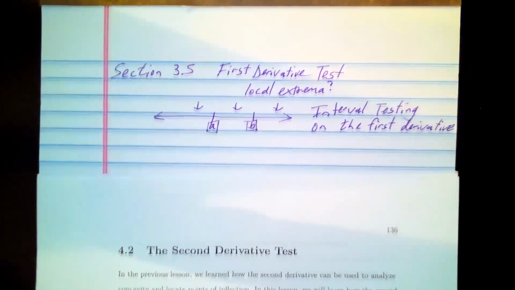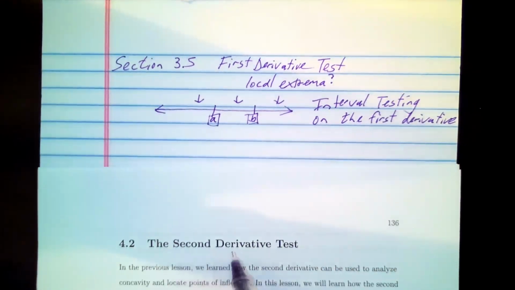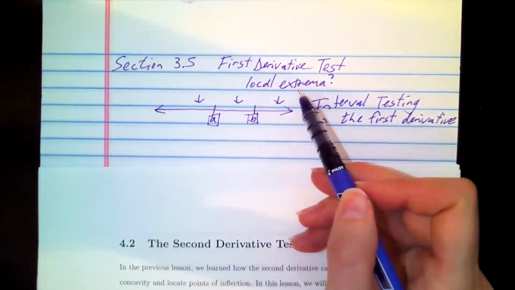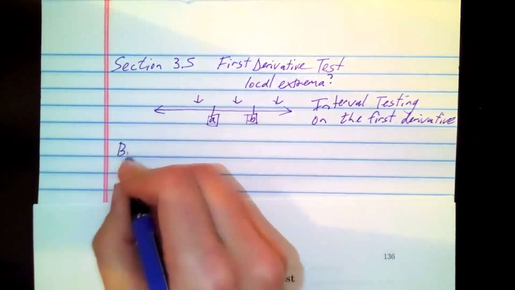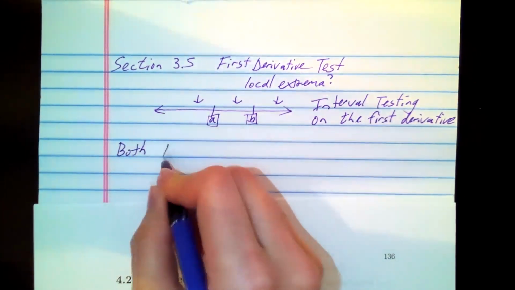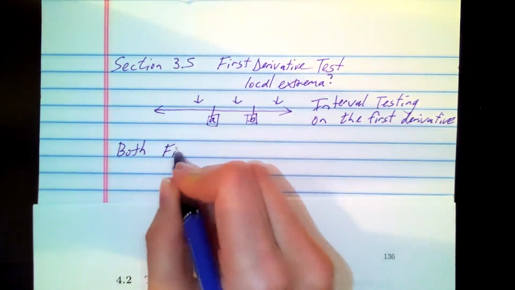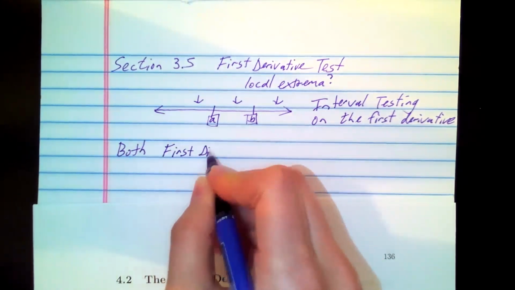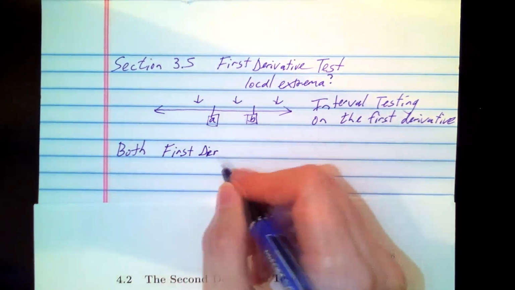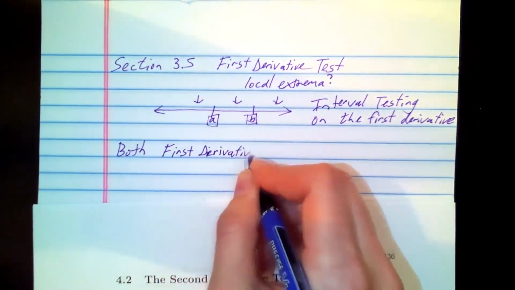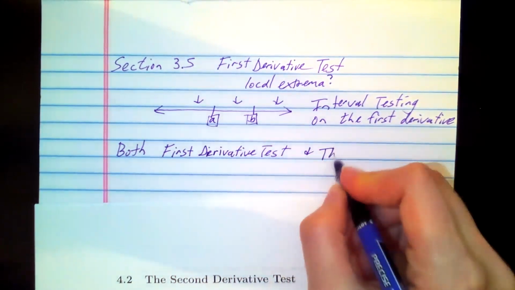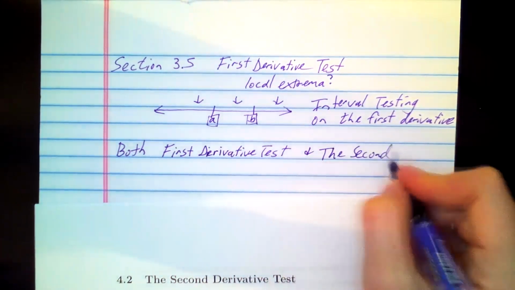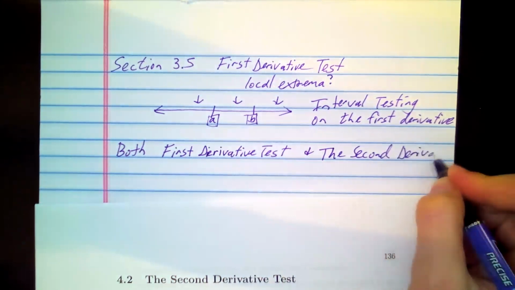The second derivative test, which is what we're going to do today, is again a test to figure out where any local extrema are. So I do want to make a note that both the first derivative test and the second derivative test find local extrema.